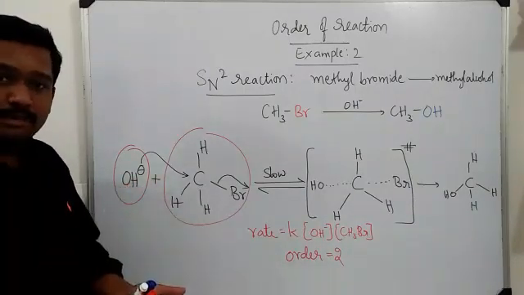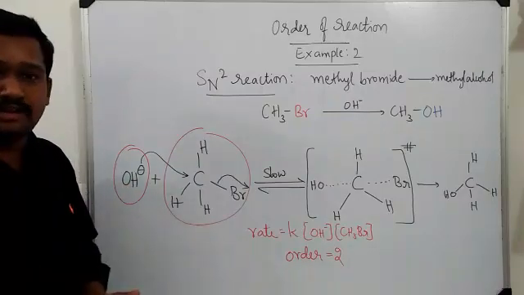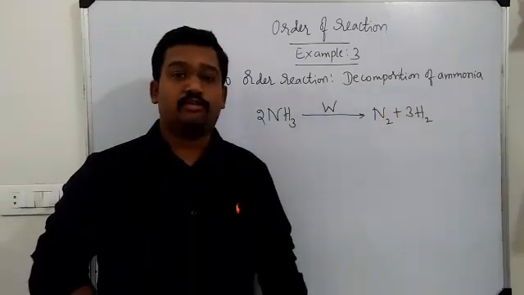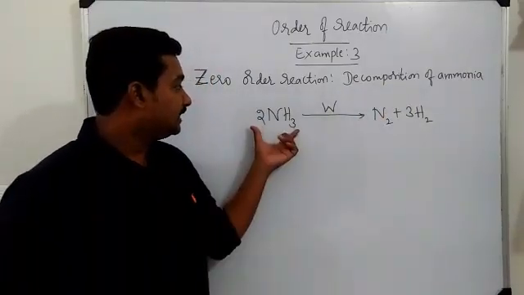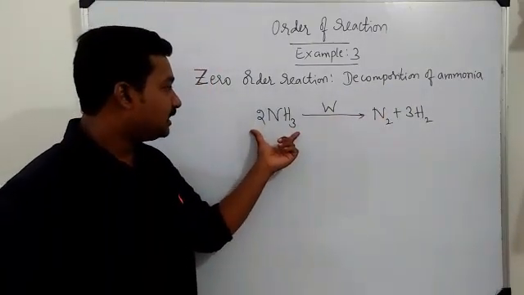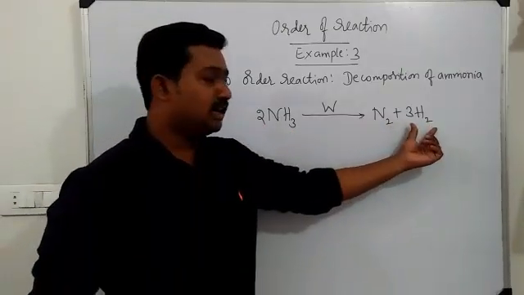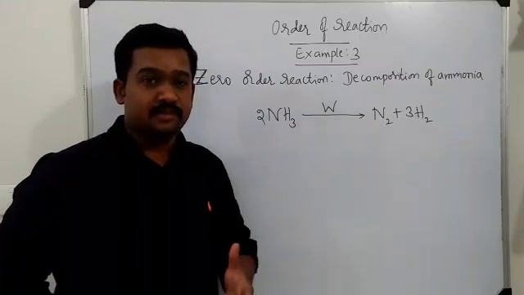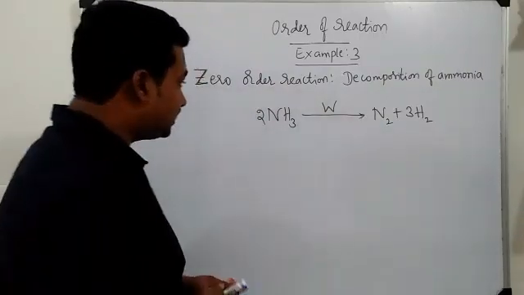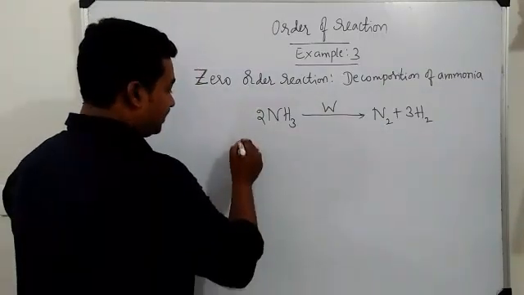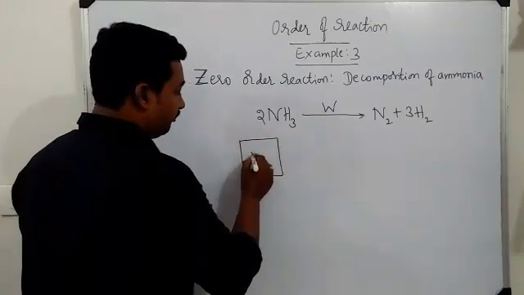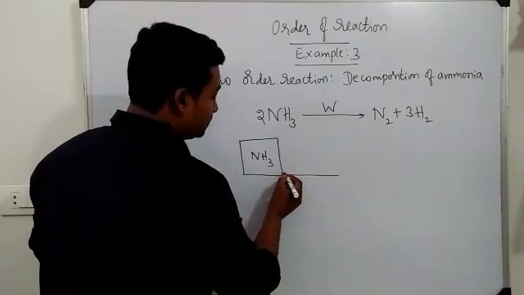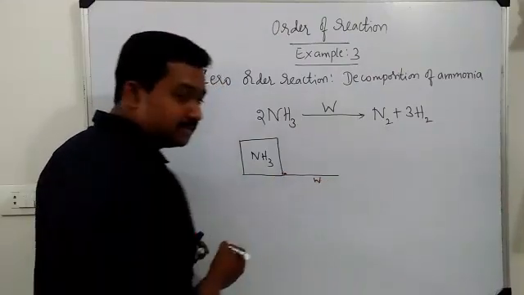I'll take one more example to explain zero order reaction now. Decomposition of ammonia. In this reaction, ammonia is decomposed into nitrogen and hydrogen gases on the surface of tungsten. Here, if we understand the mechanism, let us say there is a container of ammonia and there is a diffusion arrangement onto the surface of tungsten.